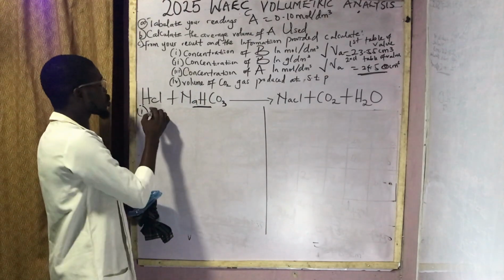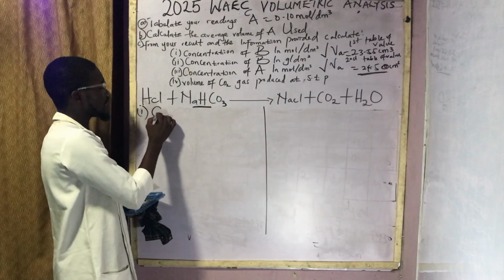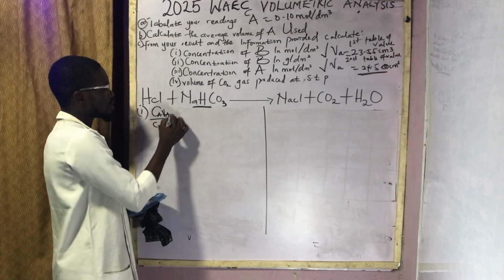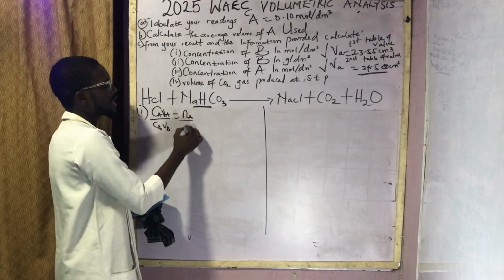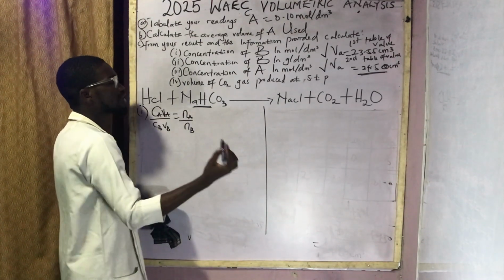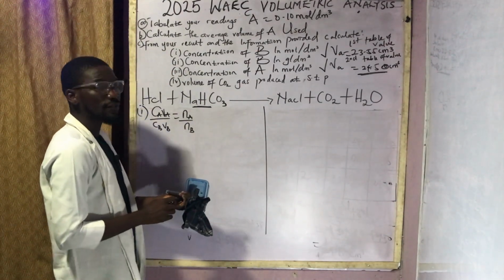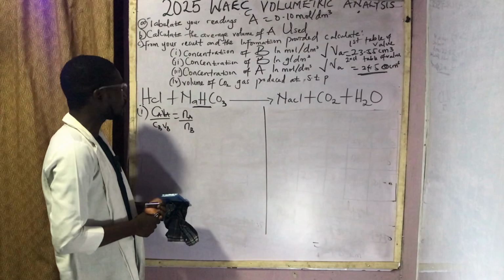So we have CaVa over CbVb equal to Na over Nb. I advise you to write out all your parameters, so when you calculate you won't have any issues.